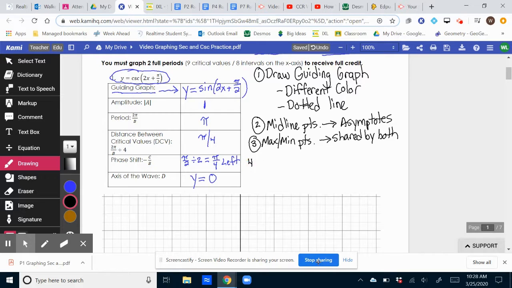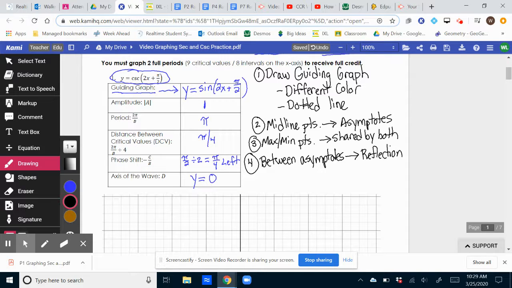And finally, between asymptotes, the guiding graph and the actual graph are going to be a reflection of each other. So basically, once you have your sine graph, you're going to reflect it, and that's cosecant.